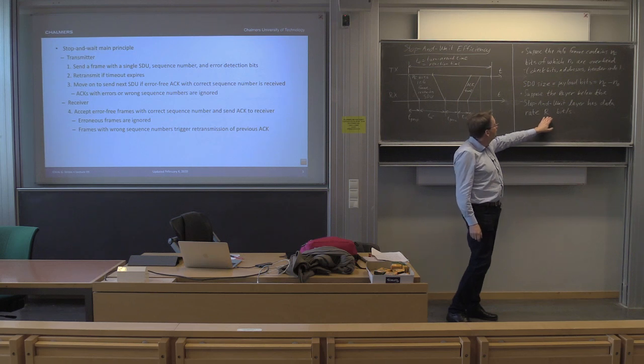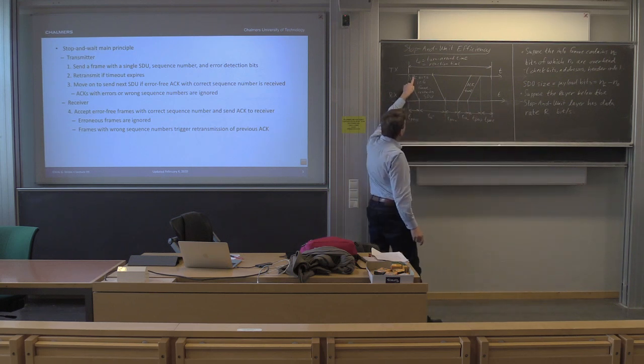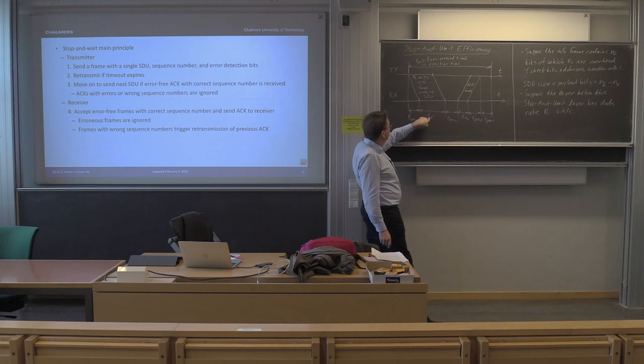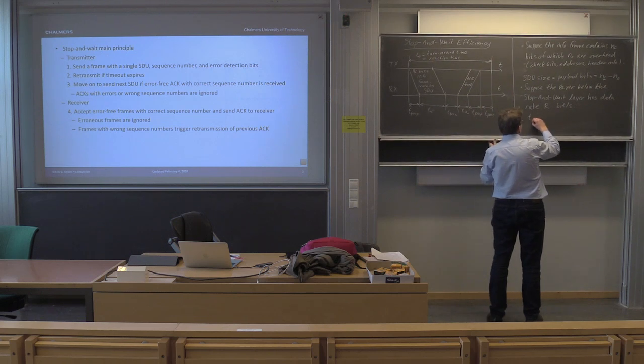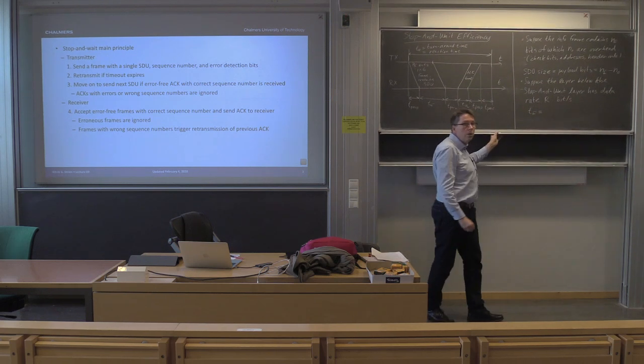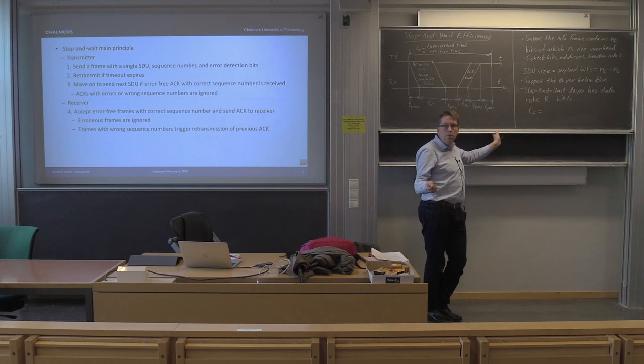Then we can calculate TF from NF, okay? So how can we find TF? What would TF be? We have NF bits we want to transmit, and we have a data rate of r bits per second.